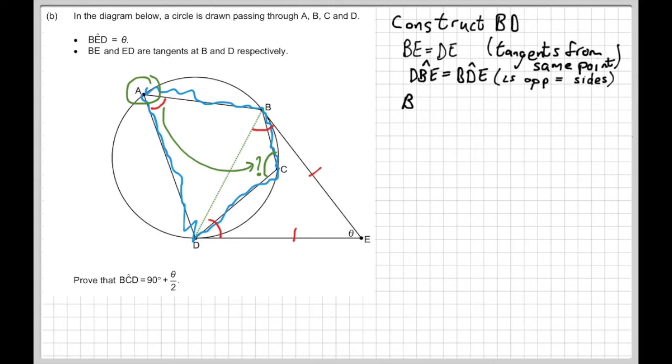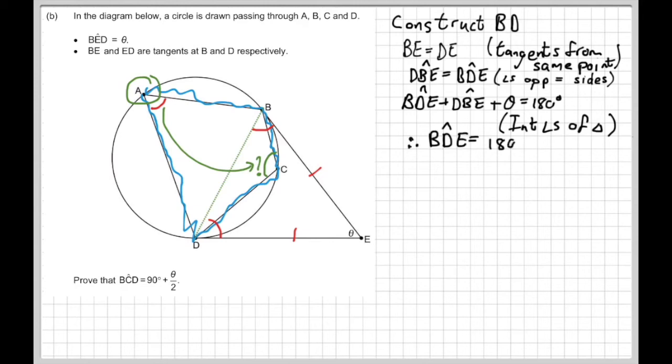And therefore, I can say that those two angles, the sum of them and theta is equal to 180 degrees because of interior angles of a triangle. By looking at this now, I can get that angle BDE is equal to (180 degrees minus theta) divided by 2. That follows directly from there, because remember, BDE is the same as DBE.